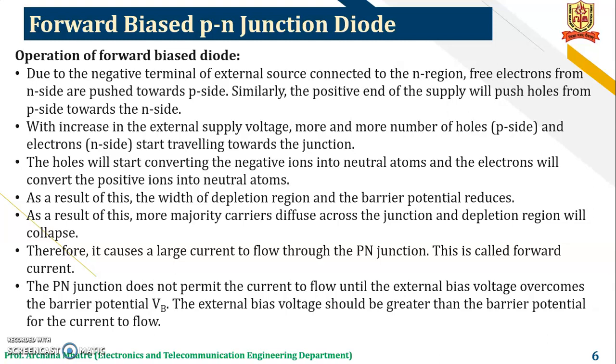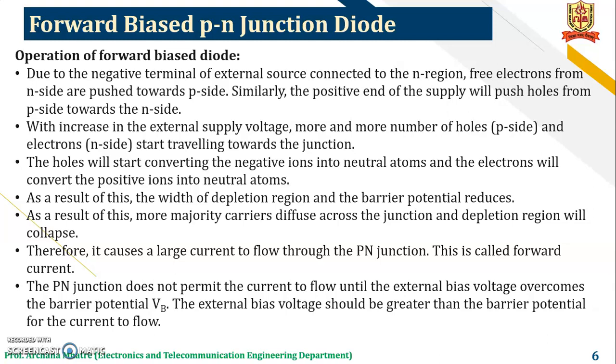Similarly, the positive end of the supply will push holes from the P side towards the N side. With an increase in the external supply voltage, more and more holes on the P side and electrons on the N side start traveling towards the junction. The holes will start converting the negative ions into neutral atoms and the electrons will convert the positive ions into neutral atoms.